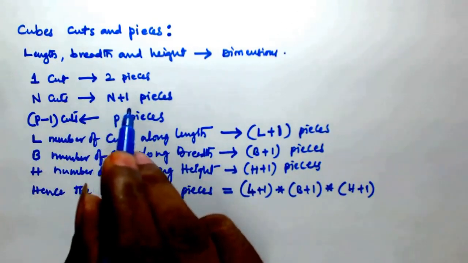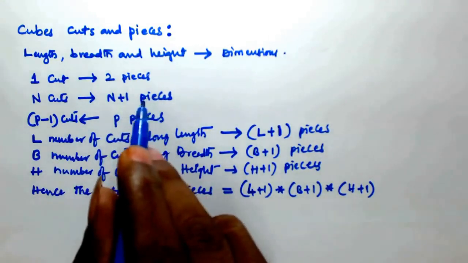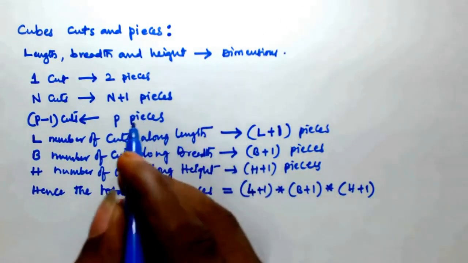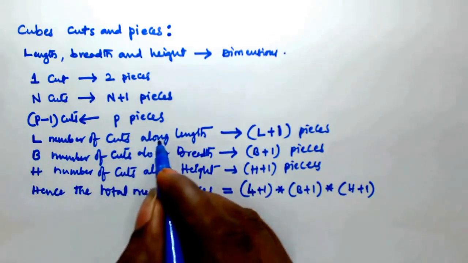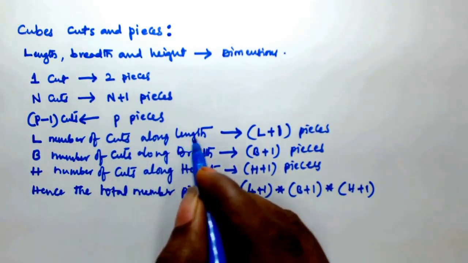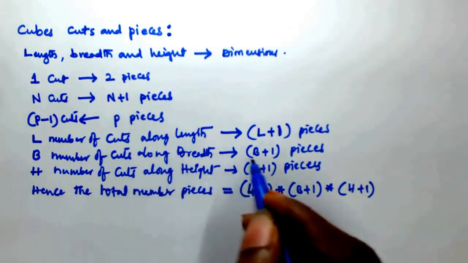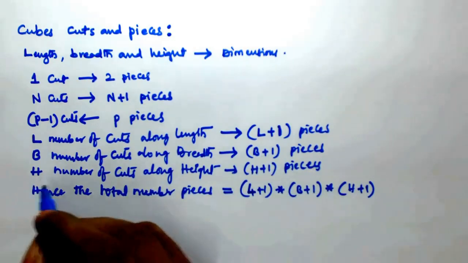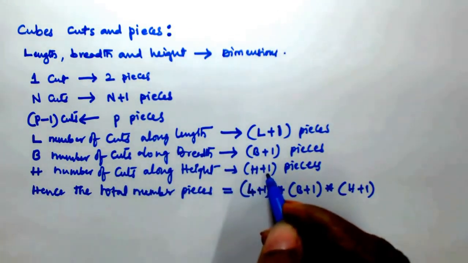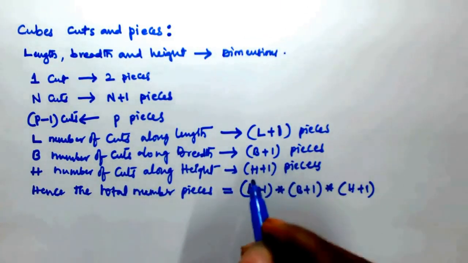So now let us extend this to different number of cuts along the different dimensions. Let us assume L number of cuts along the length, then we will get L plus 1 pieces. If B number of cuts along the breadth, we will get B plus 1 pieces. H number of cuts along height, then we will get H plus 1 pieces, right?